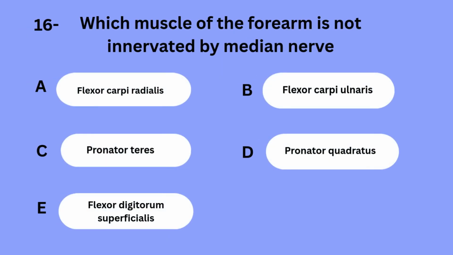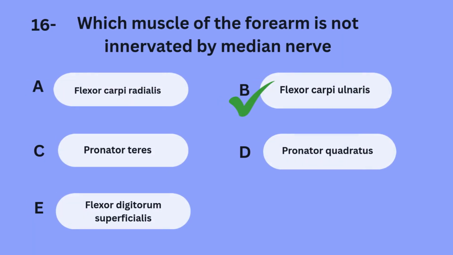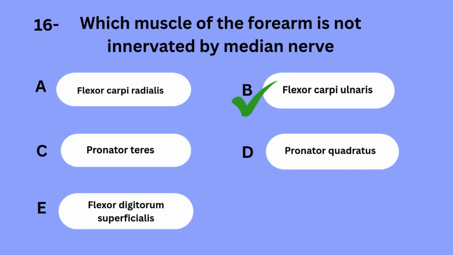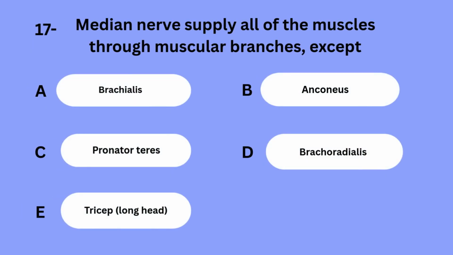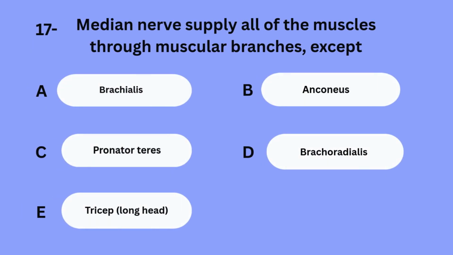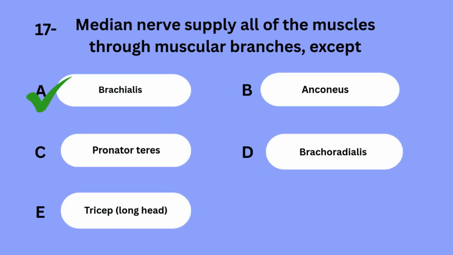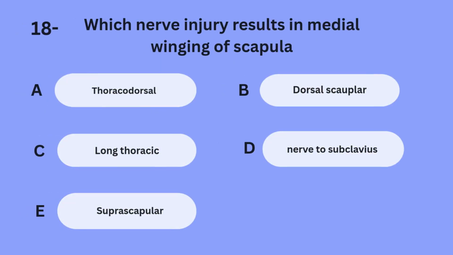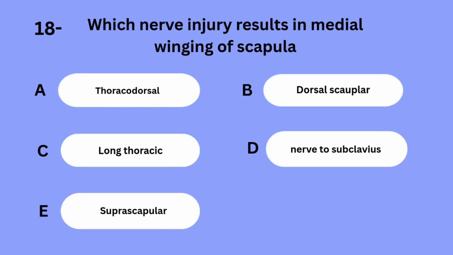Which muscle of the forearm is not innervated by median nerve? Median nerve supplies all of the muscles through muscular branches, except... Which nerve injury results in medial winging of scapula?